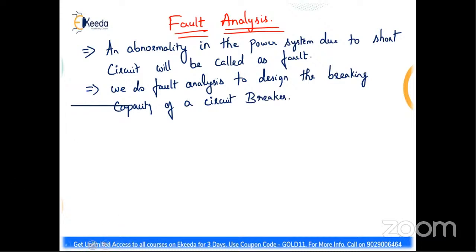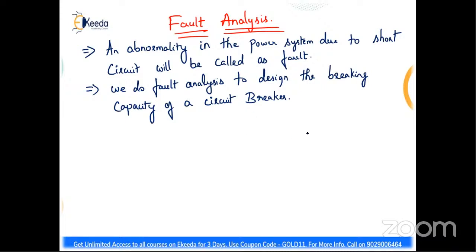What is the protective device? The circuit breaker is the first thing that is going to break the faulty section from the system. So we have to design the circuit breaker, that is, its breaking capacity.